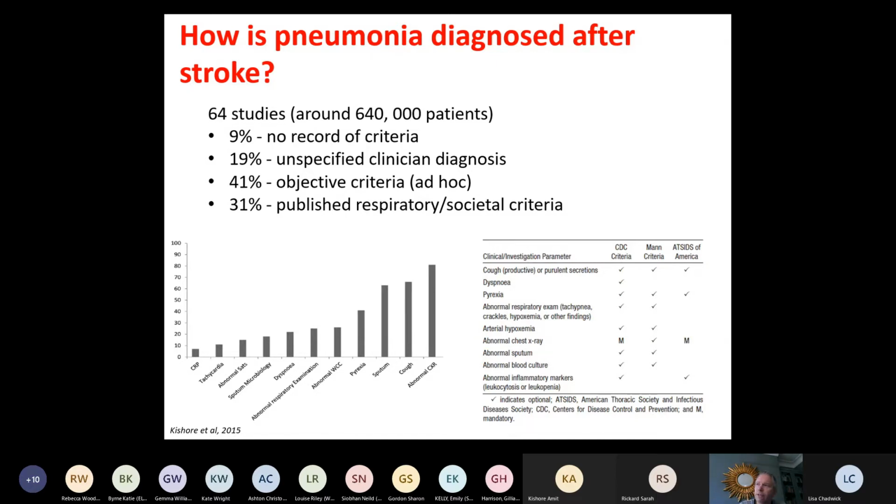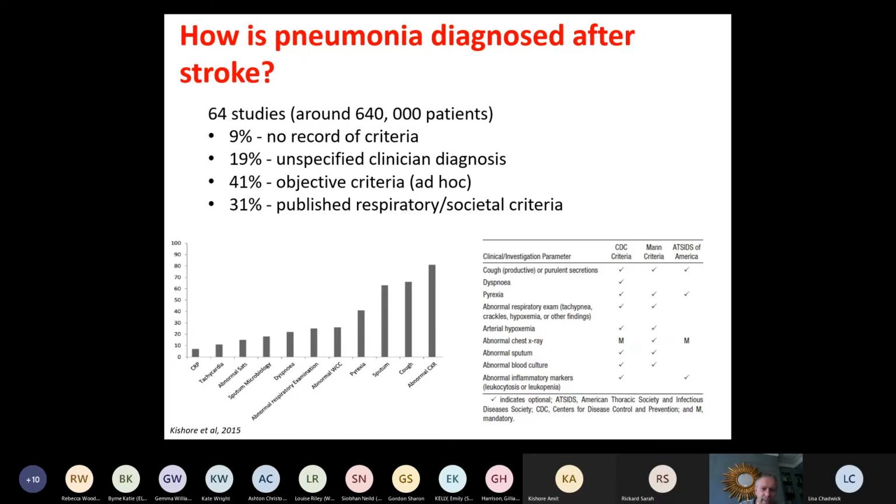So what we found was that there was a large variation in the way that pneumonia was being diagnosed, and nearly 10% of people didn't even record or report how they actually diagnosed it, and only a third used published standardized criteria.